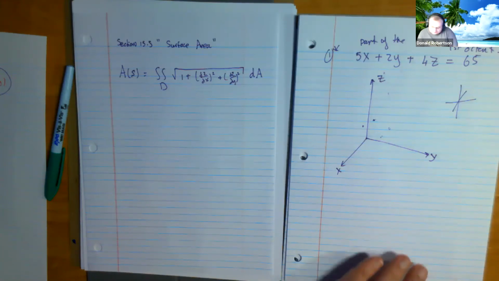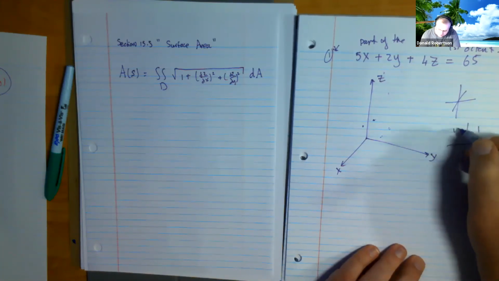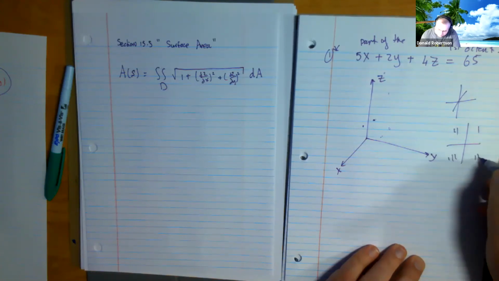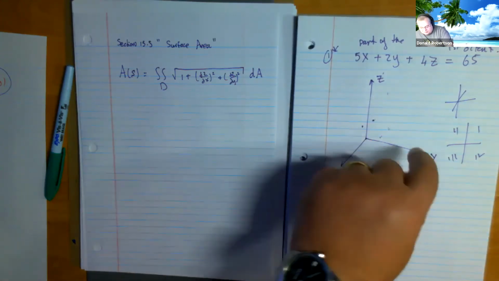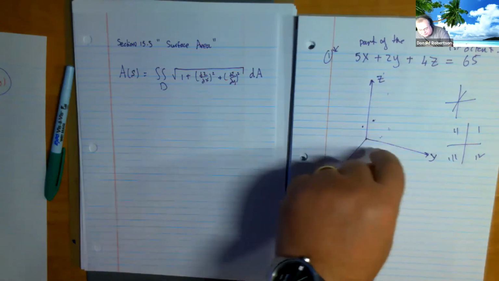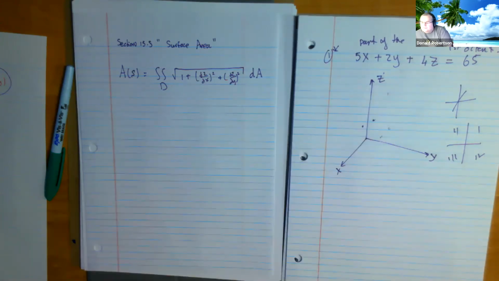Do you know, like in good old fashioned first, second, third, and fourth quadrant? When you do 3D, do you know there's 8 octants? And the first octant is this one here. That's where the X's, the Y's, and the Z's are all positive.